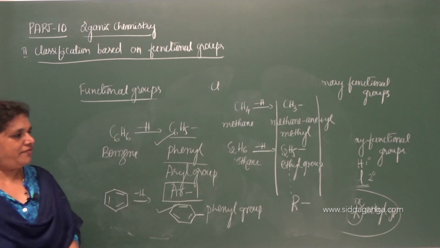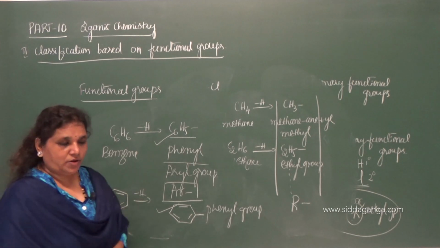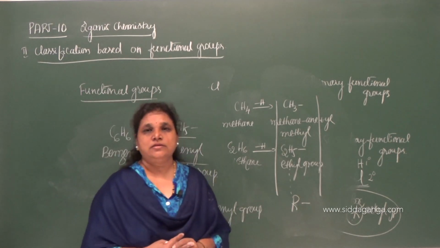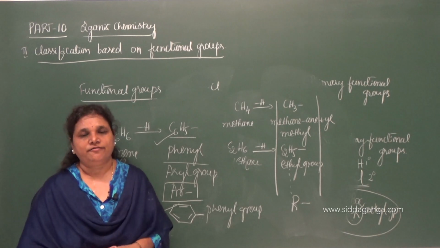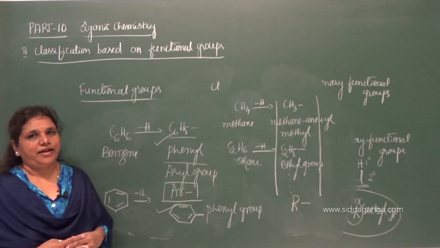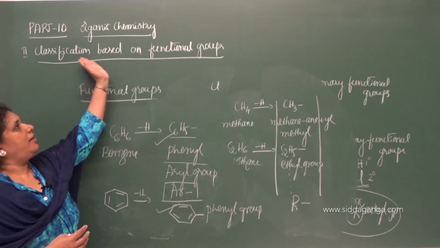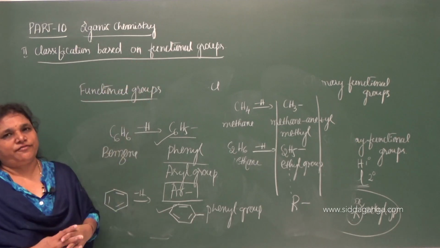So why have I given these two substituent groups? Because we need to express in a general formula different classes of organic compounds and the classification based on the functional group.